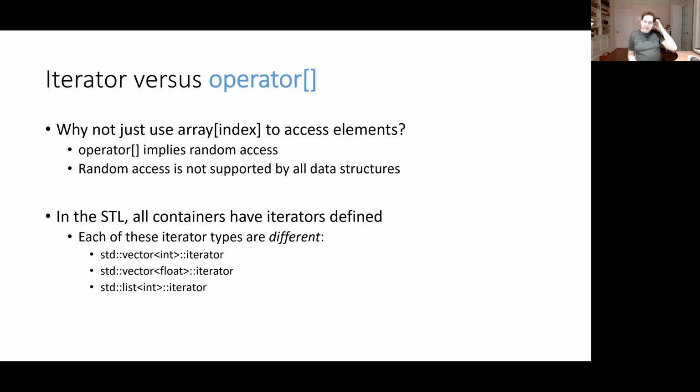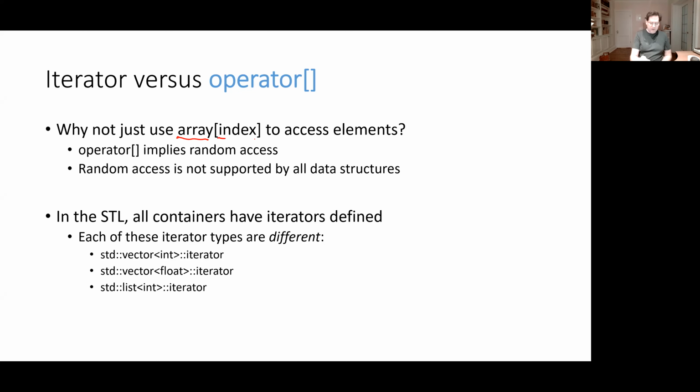Okay, so why do we need iterators? So for vectors, it's not as important, but it is going to be important for some other container classes. So for vectors, we saw that we could use this notation. We could take an array and just use the subscript operator to access different elements, and we can do the same thing with vector.